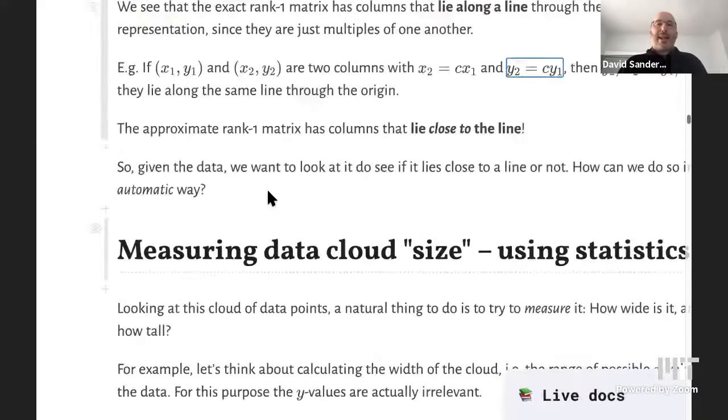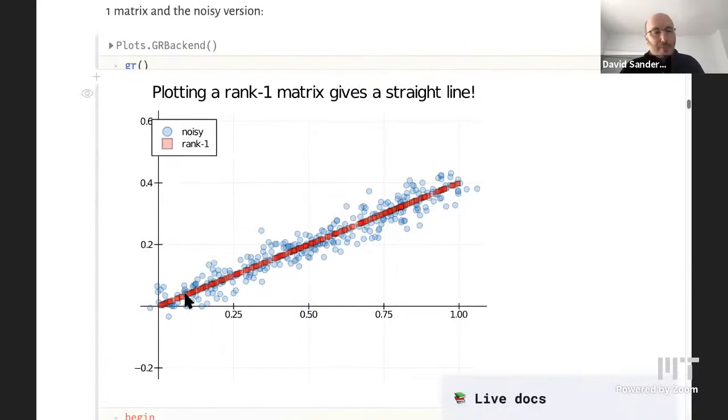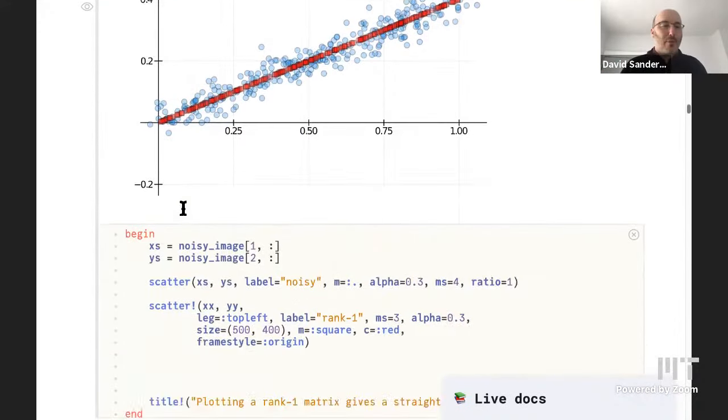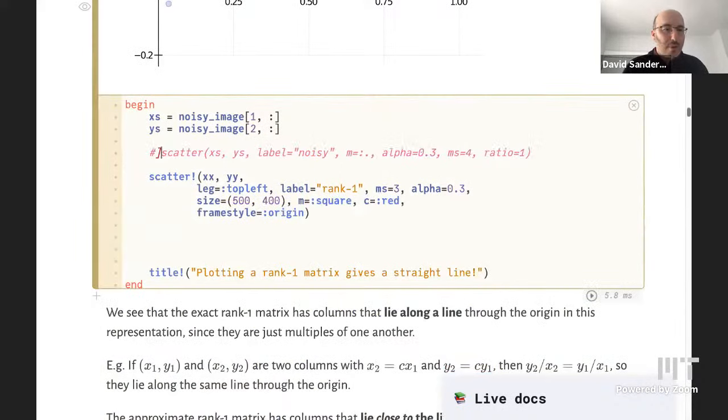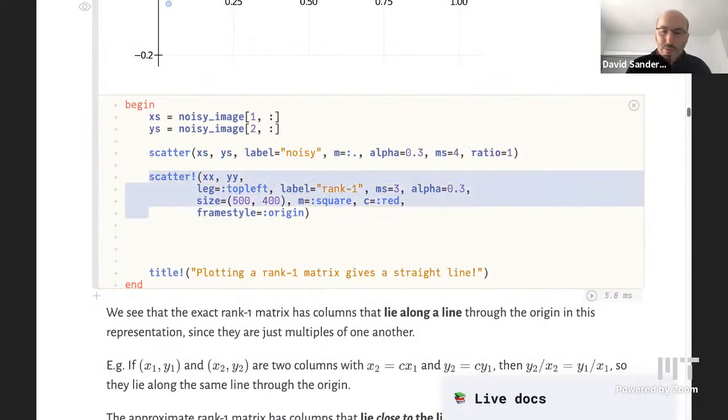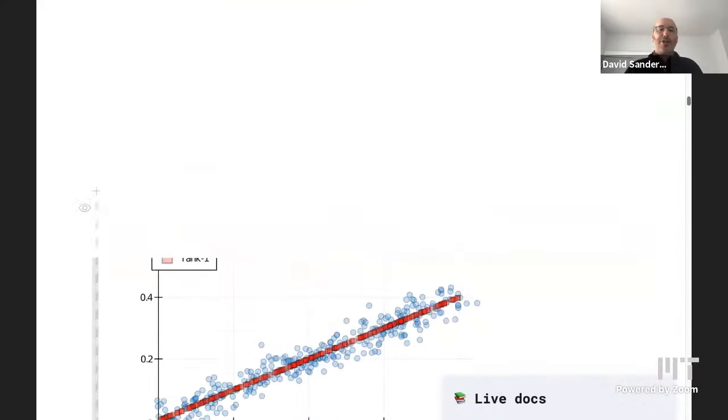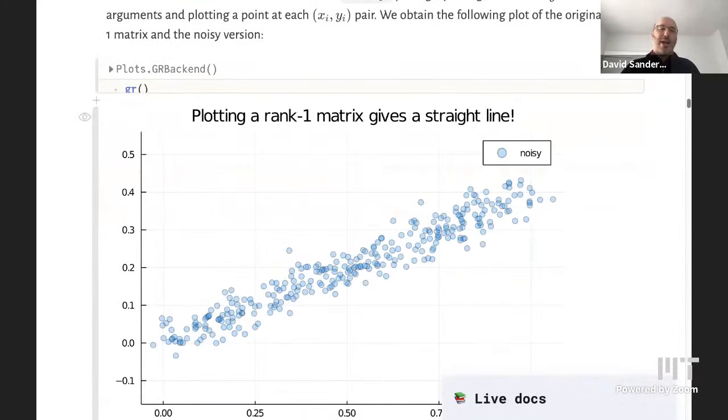So how can we think about this cloud of blue points, and we want to measure its size somehow, right? So let me remove it again. How could we actually measure the size of this object?